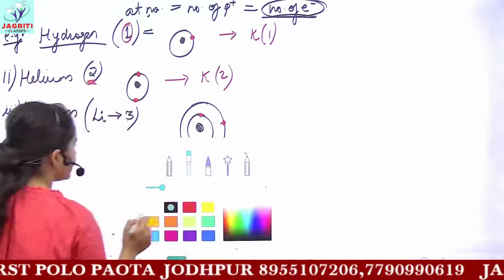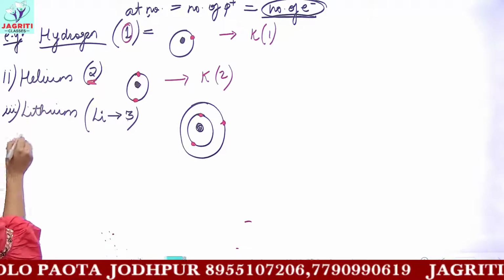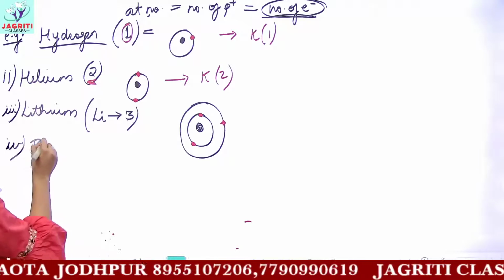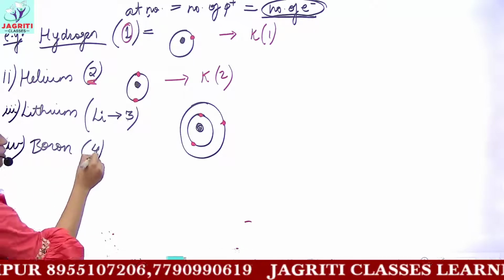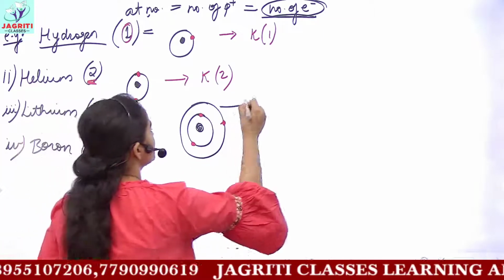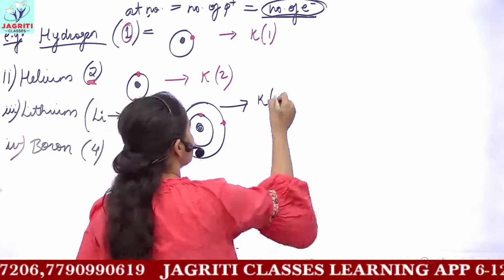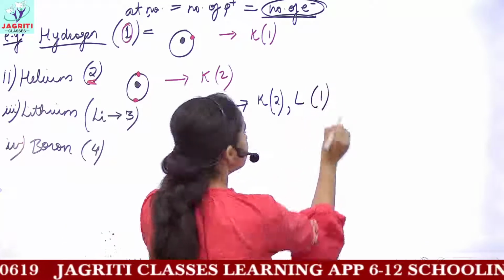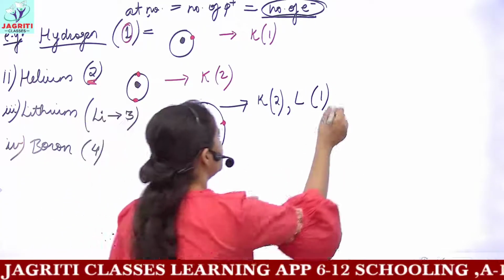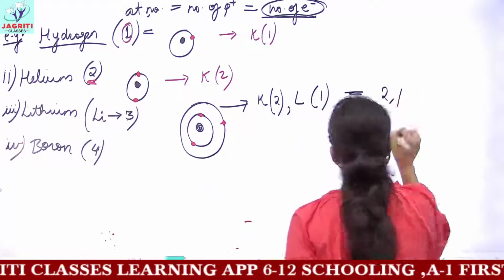Now we'll discuss the next example, that is the 4th, boron. Boron has an atomic number 4, so it would be simple for this. What would be the configuration? In the K shell you have 2 electrons and in the L shell you have 1 electron, and you can simply write it as 2, 1.